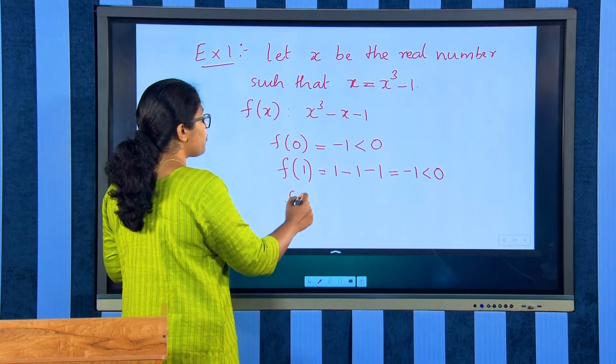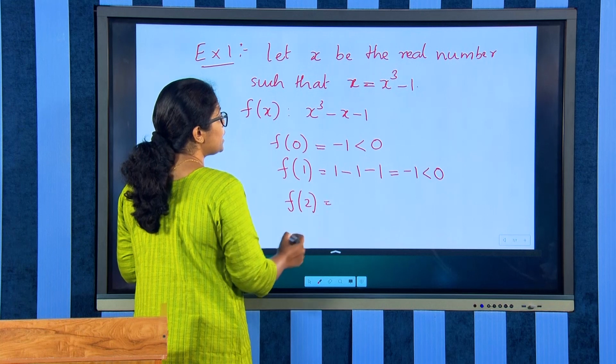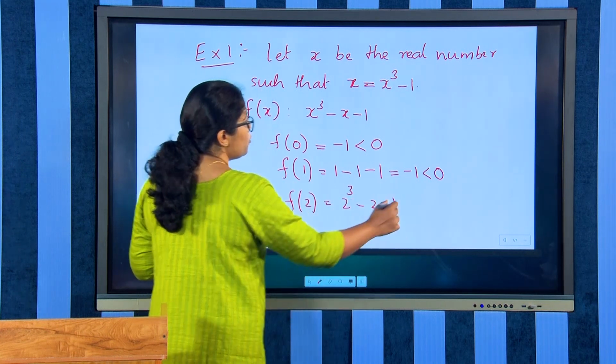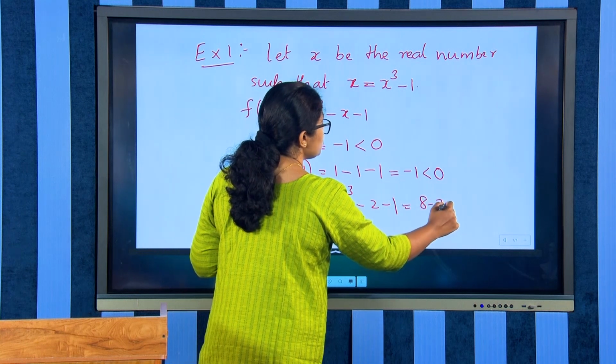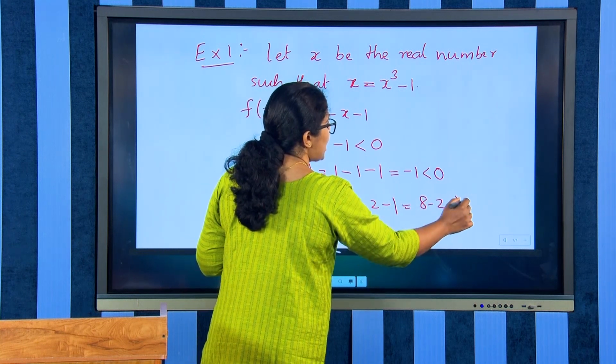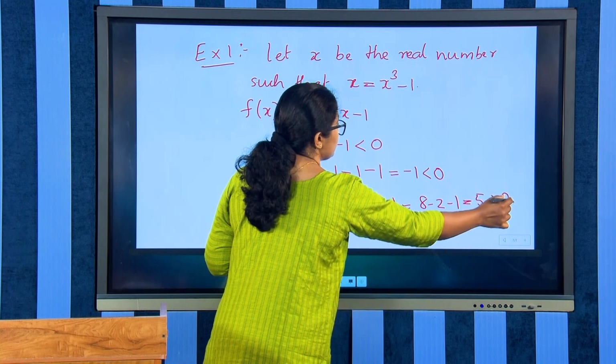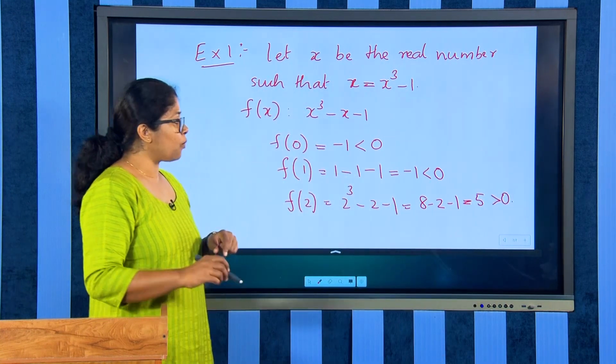And if we put f of 2, we get 2 cube minus 2 minus 1, which is 8 minus 2 minus 1, equal to 5, which is greater than 0.